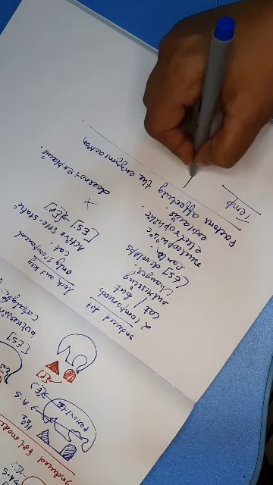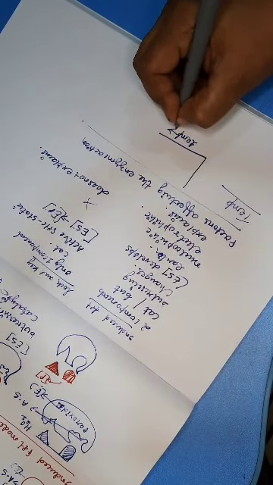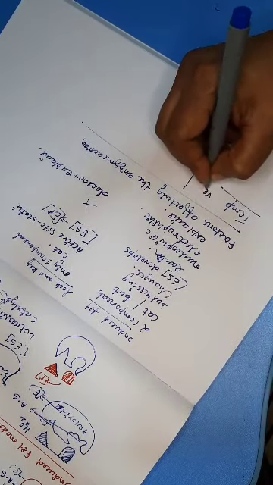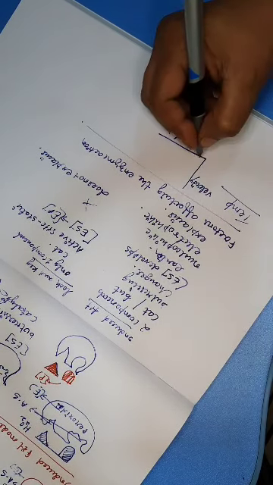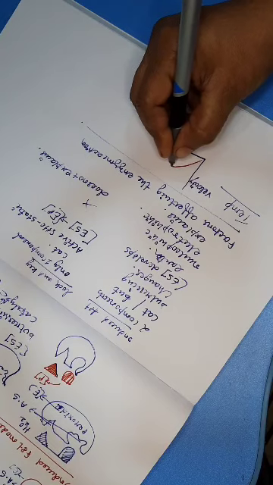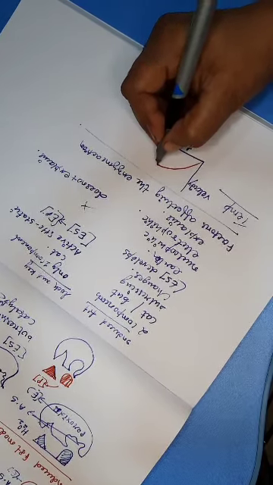So if I try to plot it on a graph, on the x-axis I want to show the temperature change, and here I will see the velocity of the reaction. As temperature increases, the rate of formation of product will also increase, but only up to this optimum range.